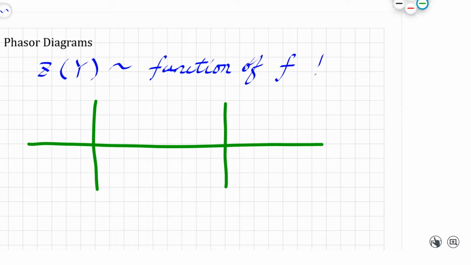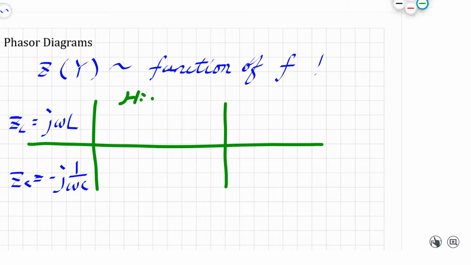Now, for ZC and ZL, we have ZL equal to j omega L, and ZC equal to negative j 1 over omega C. So what we want to look at here is if we compare a high frequency with a low frequency.